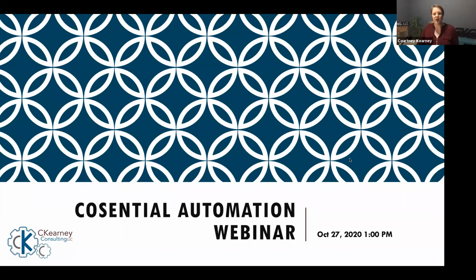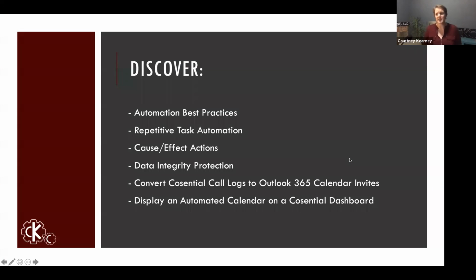So today we're going to be talking about automation best practices, how to automate your repetitive tasks. If my slides aren't advancing at any point, drop into the chat and let me know. We're going to be talking about cause and effect actions and how to automate those, data integrity and how to protect it.